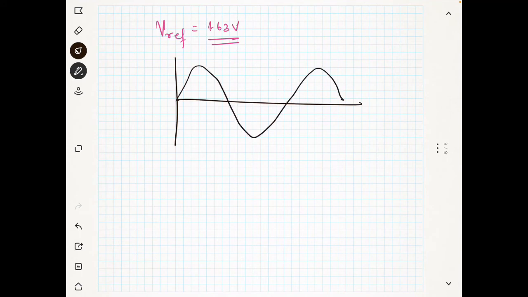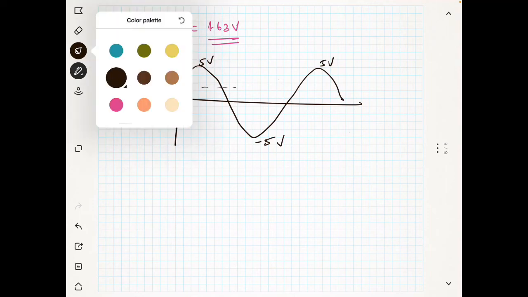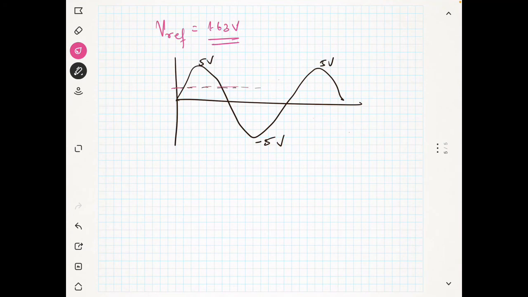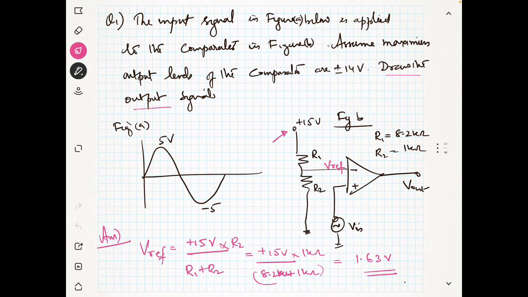My input was 5 volt and minus 5 volt. Now my reference voltage is 1.63 volt. Now you know that the input is applied to the positive terminal.